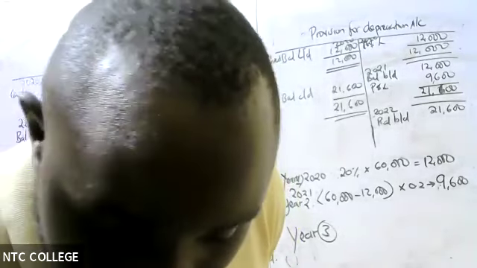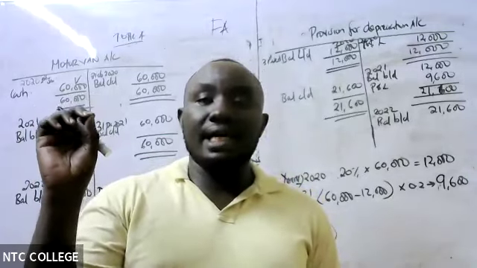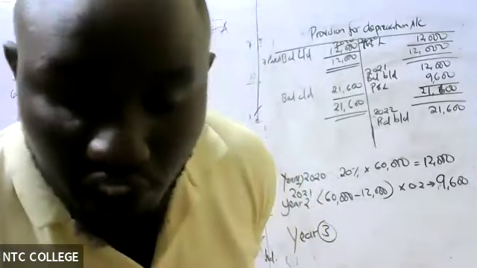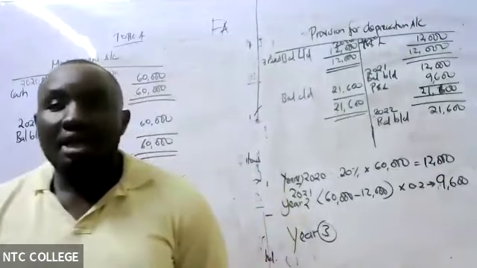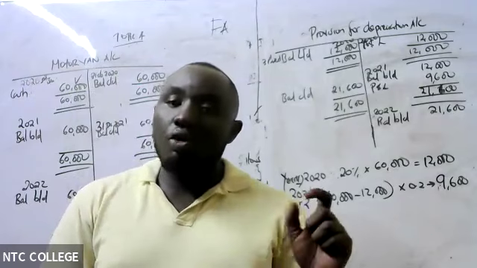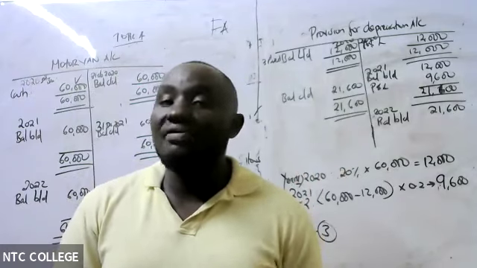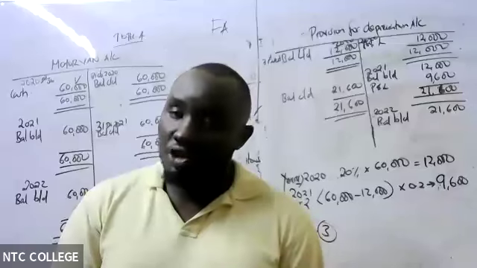We are being told that a full year depreciation is provided on the year of acquisition and none on the year of disposal. So when you're disposing an asset, we don't provide for its depreciation.